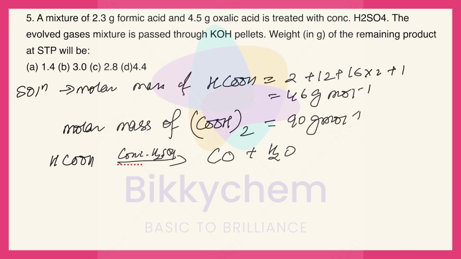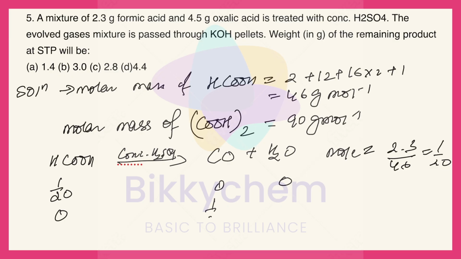Now its mole is equal to 2.3 gram divided by 46, which is 1 by 20. Means 1 by 20 was there in the beginning and 0 for the products. After the formation of CO and water, it became 0, and 1 by 20 and 1 by 20.